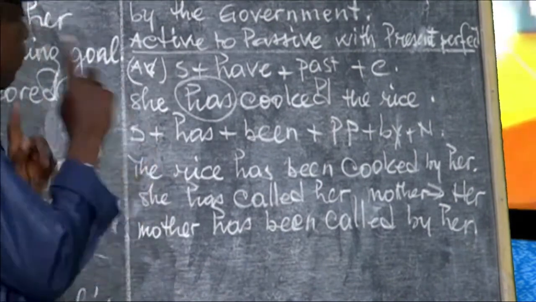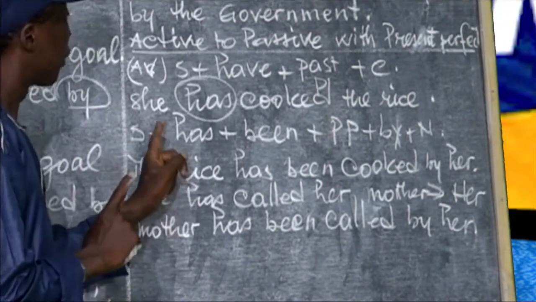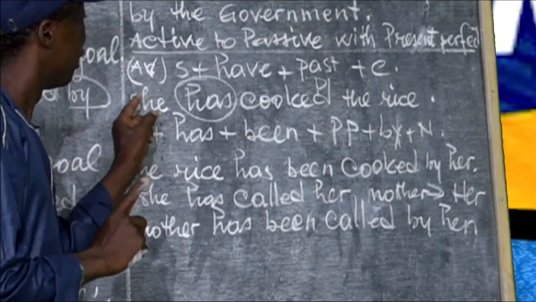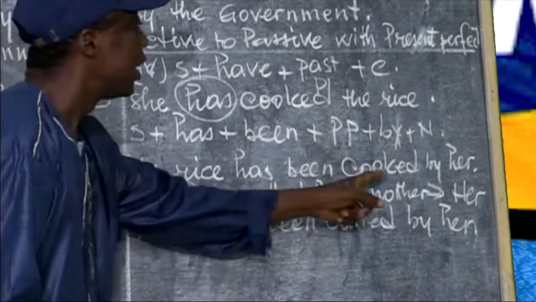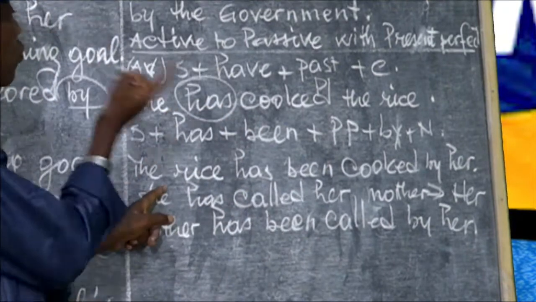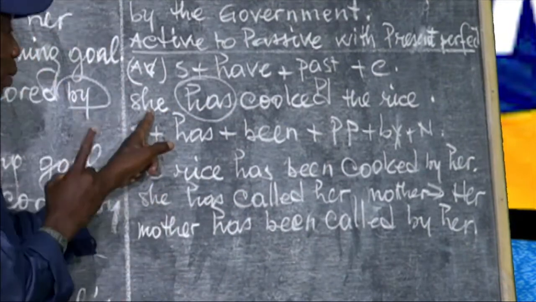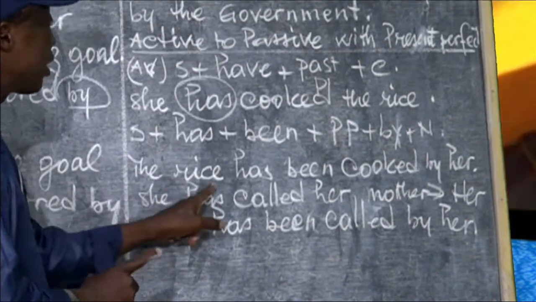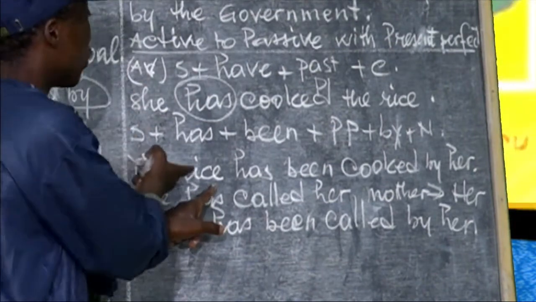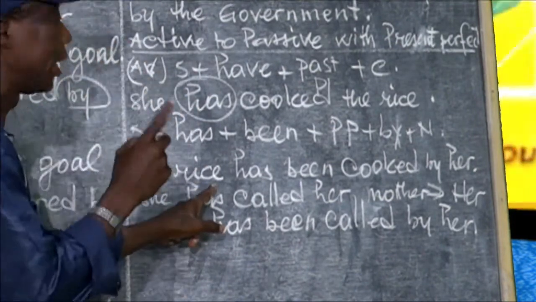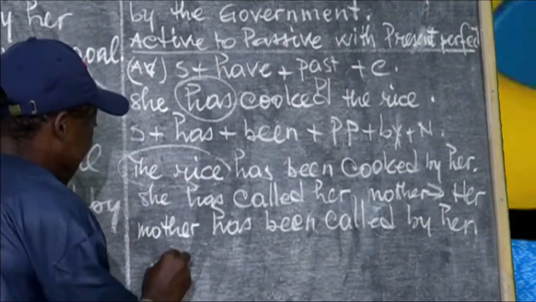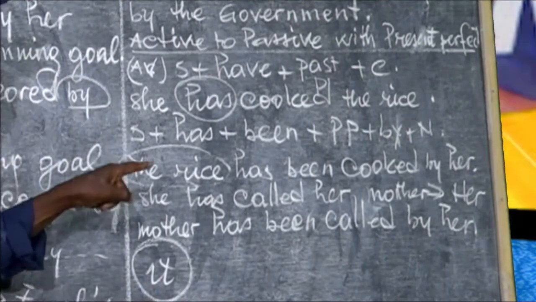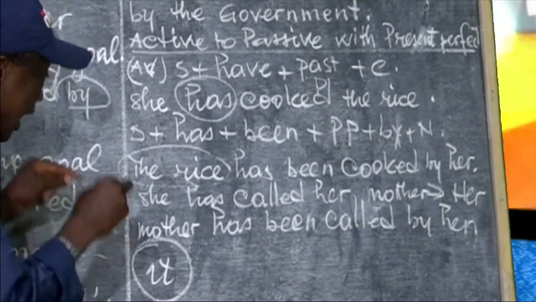Into the passive voice, the personal pronoun is not going to act, but the second subject is going to replace the subject, the personal pronoun at the first place. The rice must now be the subject. So we may replace the rice by the personal pronoun it. It has been cooked. The rice, it has been cooked.